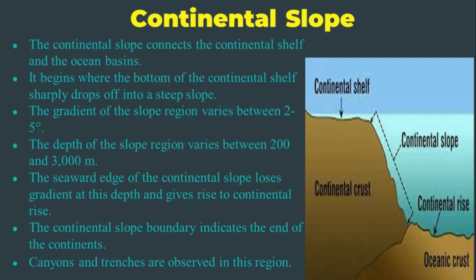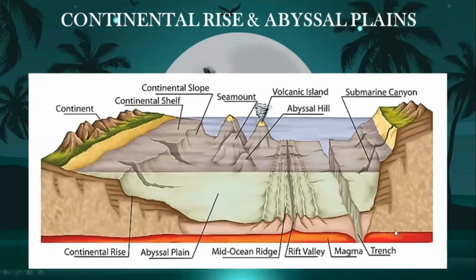So the continental slope marks the end of the continental crust area, and in this region one can find various canyons, trenches, etc.